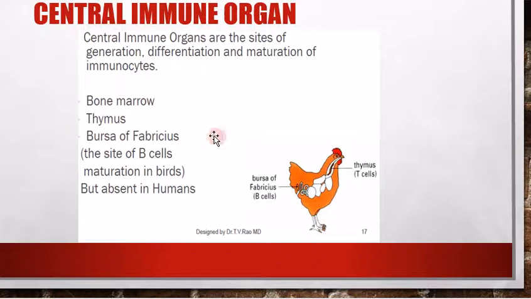And there is also the bursa of Fabricius, which is present only in birds, in the cloacal region of the birds. That's the reason why we call them B cells, because these B cells get activated only on reaching this site, although they are produced by the bone marrow.